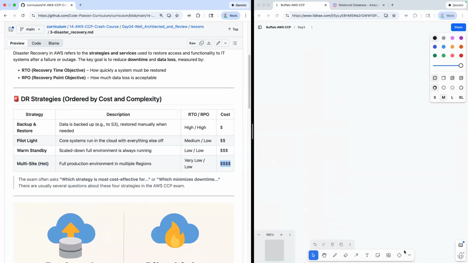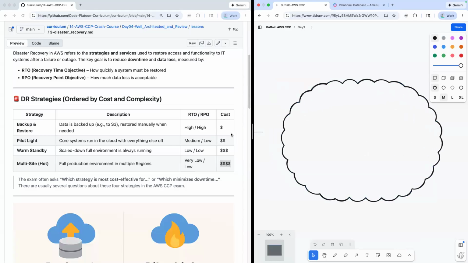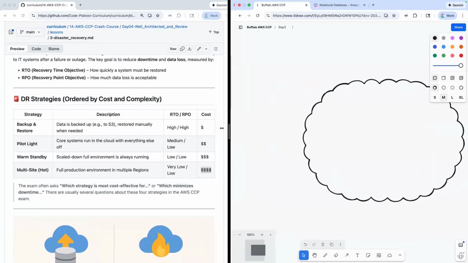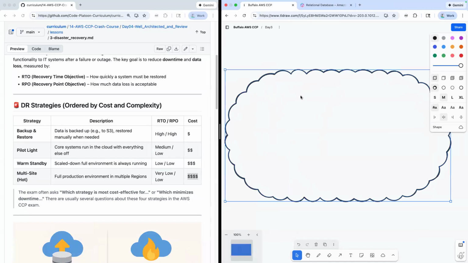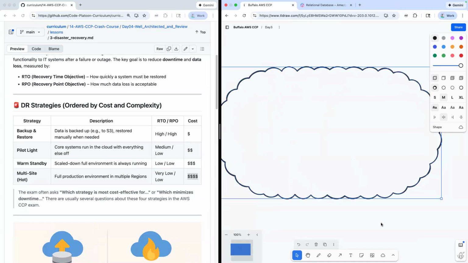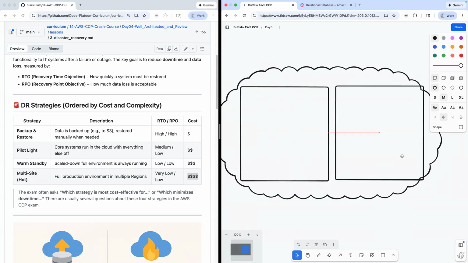And just to draw a quick graphic here, let's draw the cloud. And I've got my cloud. And let's give ourselves some availability zones here. We'll have one that's here and here.